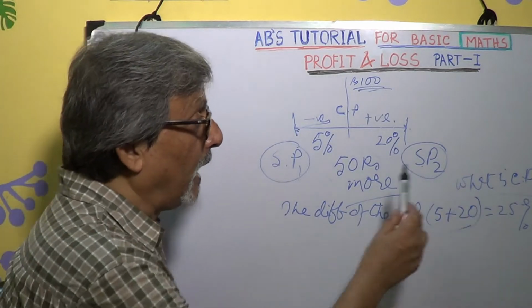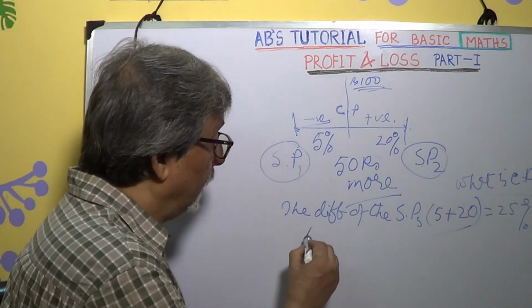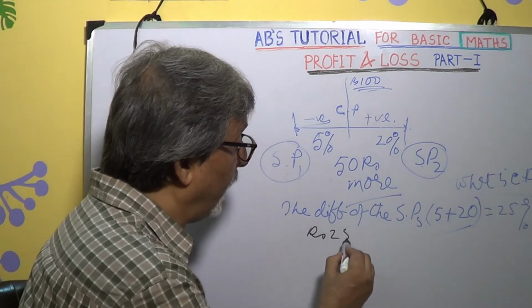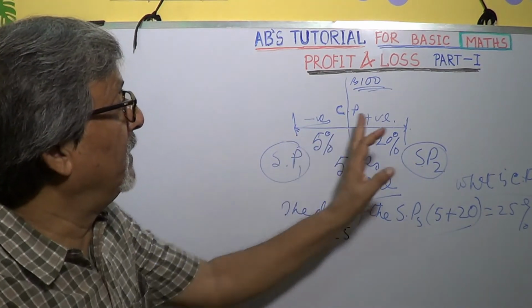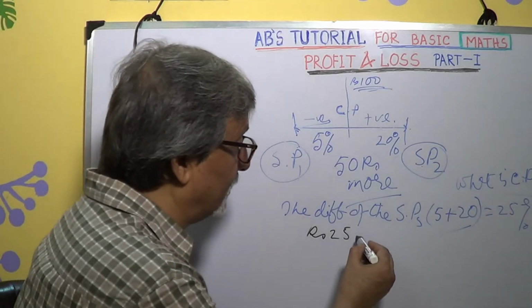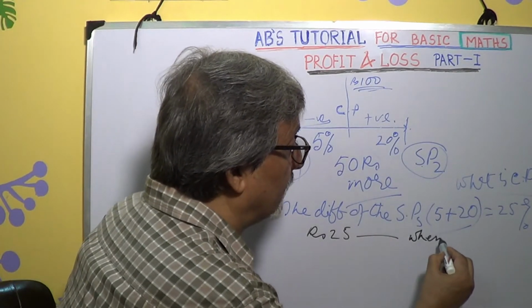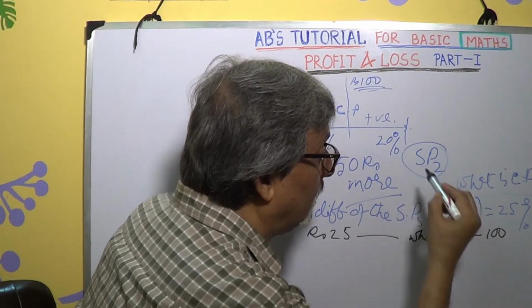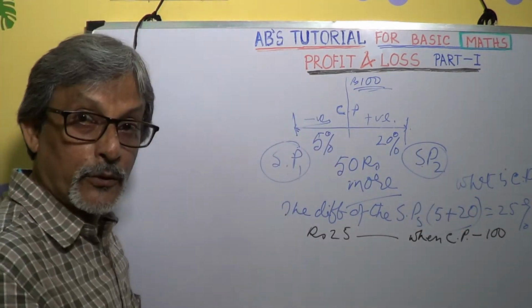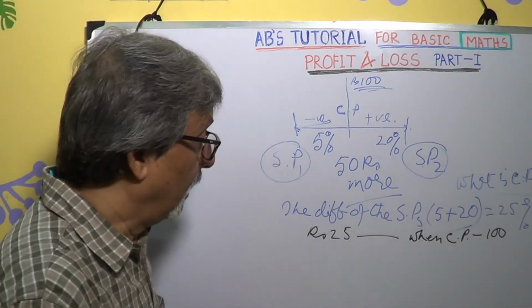So we may write here that rupees 25 is the difference when the CP, cost price, is rupees 100. Rupees 25 is the difference when the cost price is rupees 100.